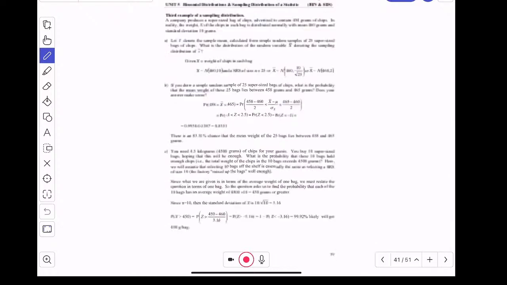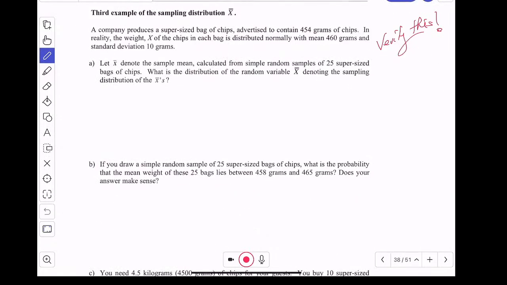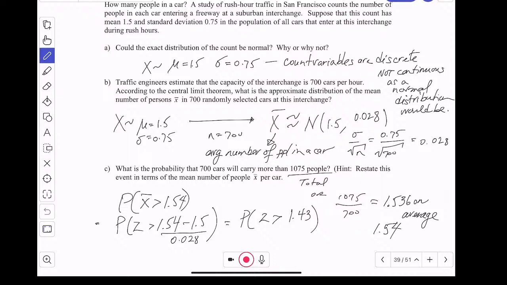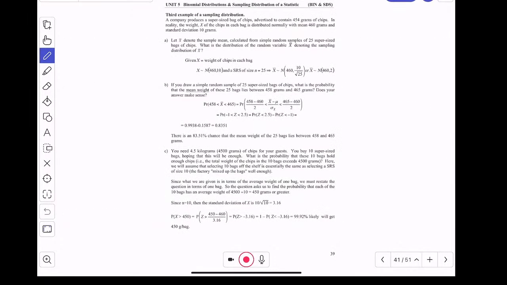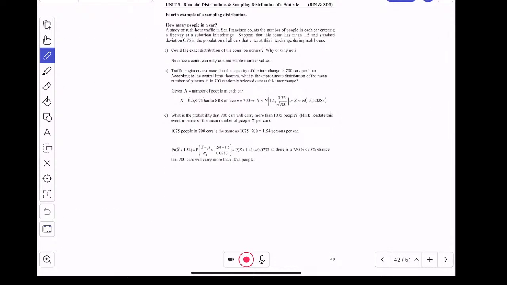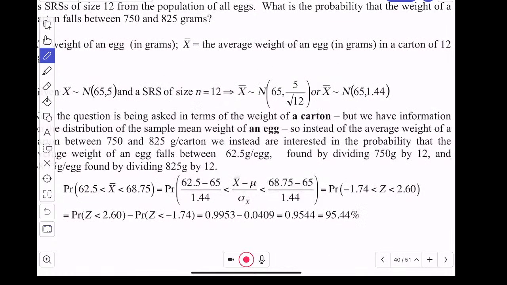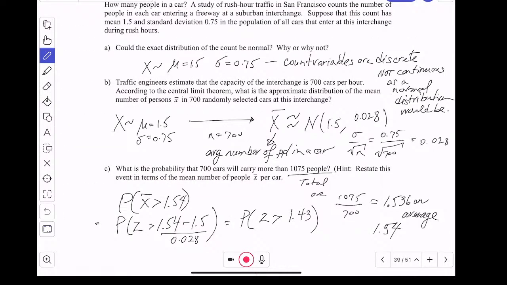Did I do something wrong? Let's just do this. 0.028. Did I have a different number? 0.0283. Okay, I used 4 decimal places here, and that made it 1.41.